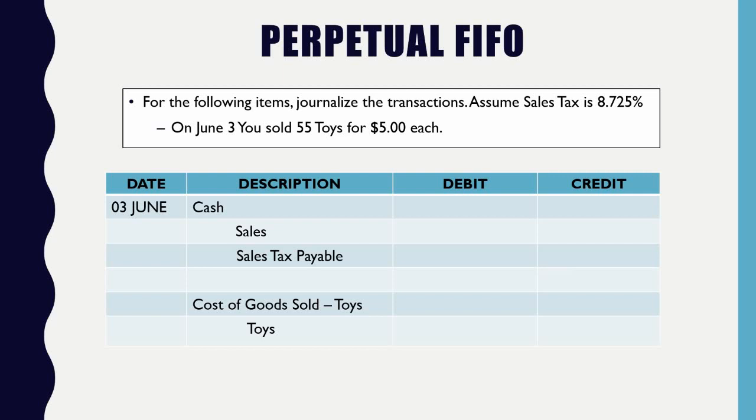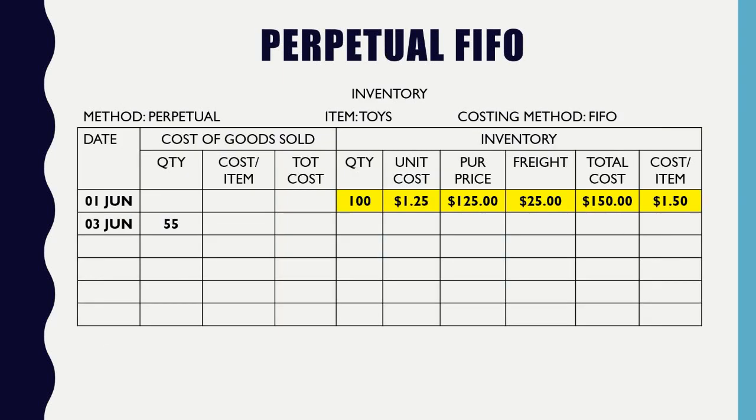However, when we calculate our cost of goods sold, this is where we're going to come back to our inventory worksheet and figure this number out. So we sold a total of 55 units. Our batch of inventory, how much is it going to cost me in order to sell that item?